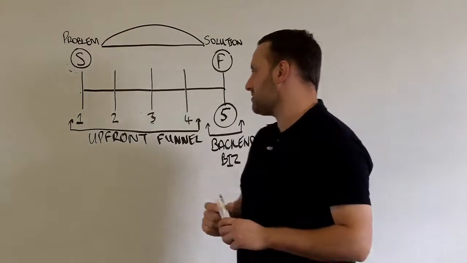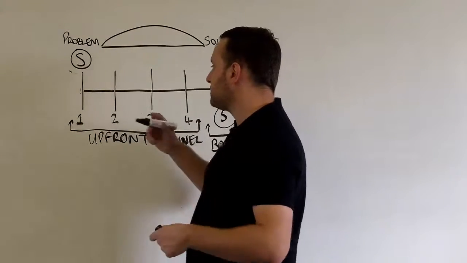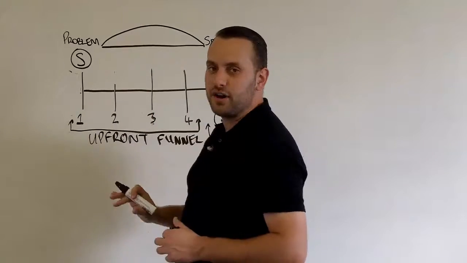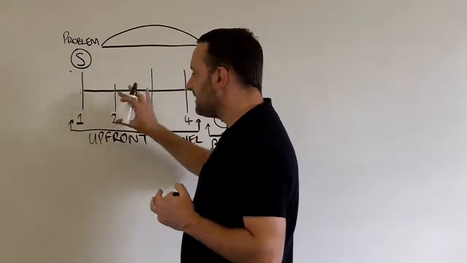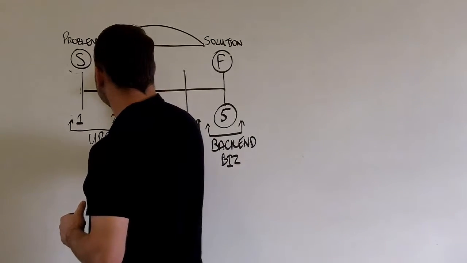And here's how I want to explain this to you. Let's say, for example, step number 2, this is your value trip. This is having your front-end offer. This is the one that converts leads into customers. Now, I just want to give you a good example here.